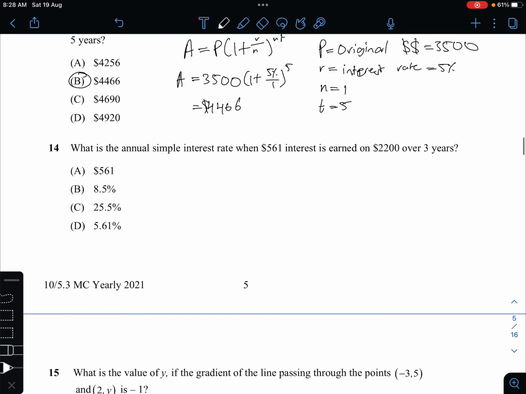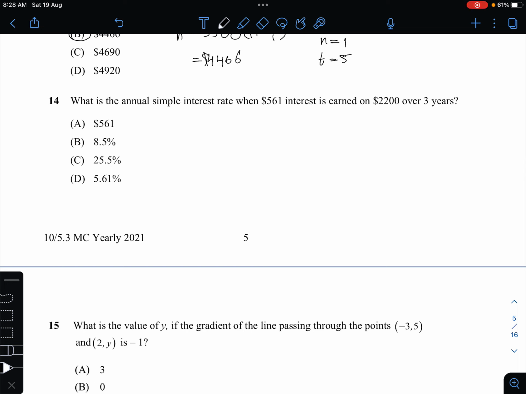But yeah, so question 14. What is the annual simple interest rate when $561 interest is earned on $2,200 over 3 years? So for this, we'll just apply the formula, but we have to do it a bit differently.